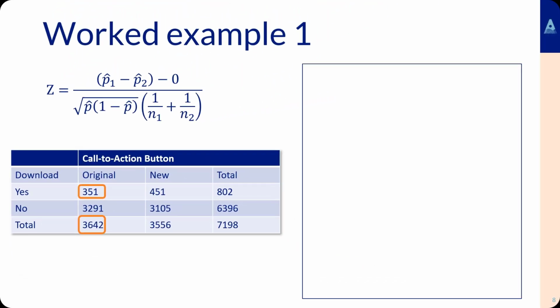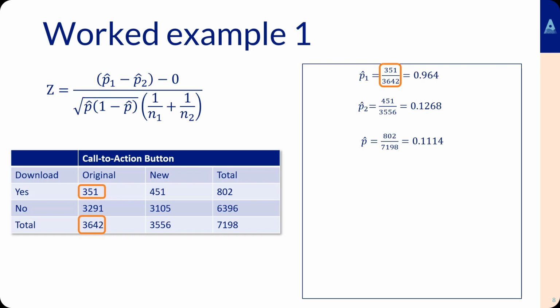So first of all, we want to get the proportion for P1, which is the yes over total for the original button, and that's 0.0964. So roughly 10% of the original button presses were yes. And the proportion for the P2, 451 over 3,556, is 12%, 13%, and the total population is 11%.